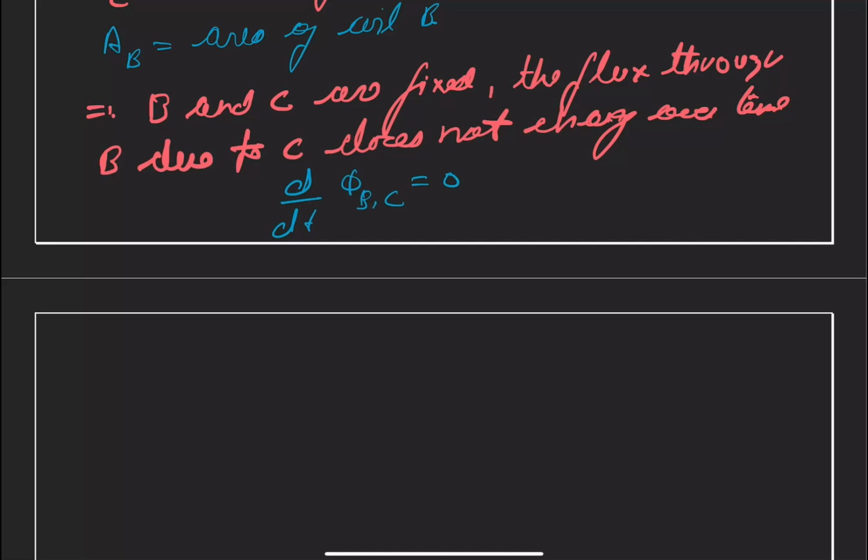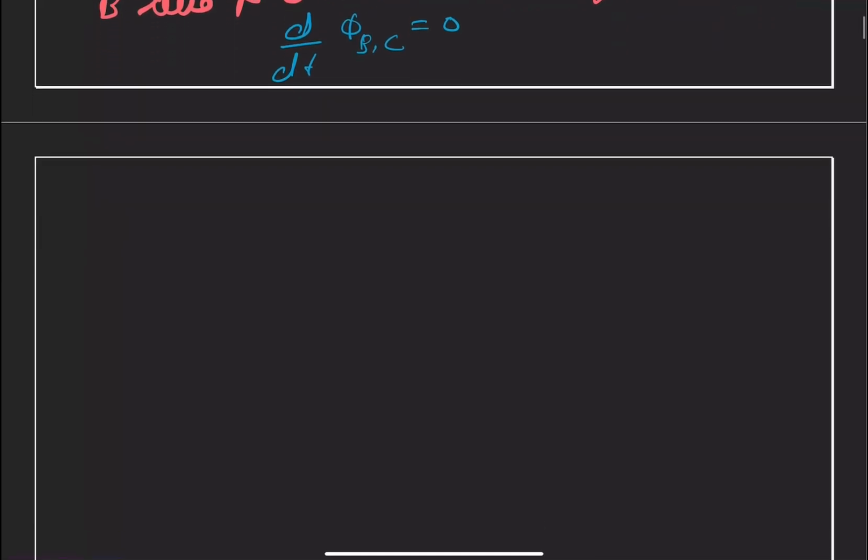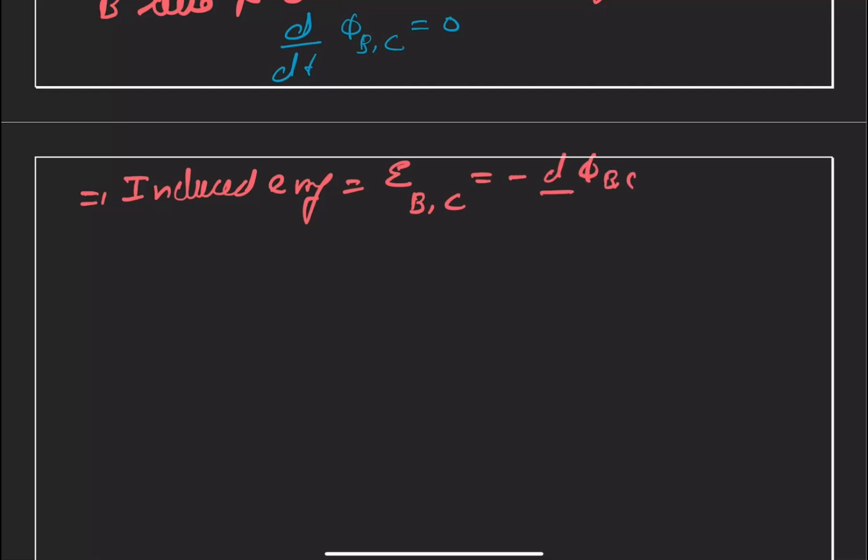And because of this, the induced EMF, which we can say E_B,C, which is minus d phi by dt, will be equal to 0.